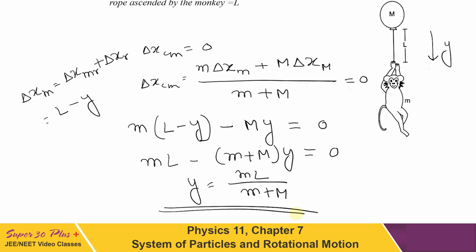You can see how I have applied the concept that delta X_CM should be 0 if there is no external force acting on the system. Whatever be the event, if it is only due to mutual interaction between the constituent particles, we can always apply this formula. I am leaving this topic here itself, but in the next session I will elaborate this concept, which will be very useful to solve a lot of numericals.